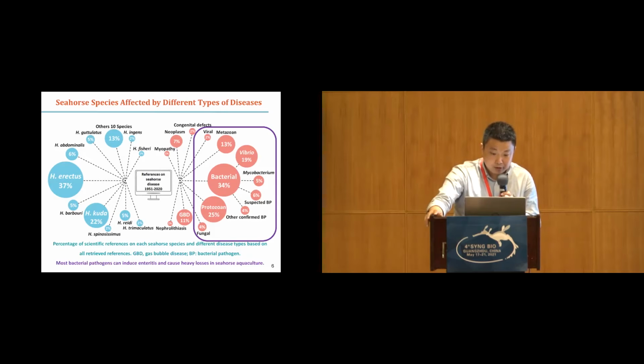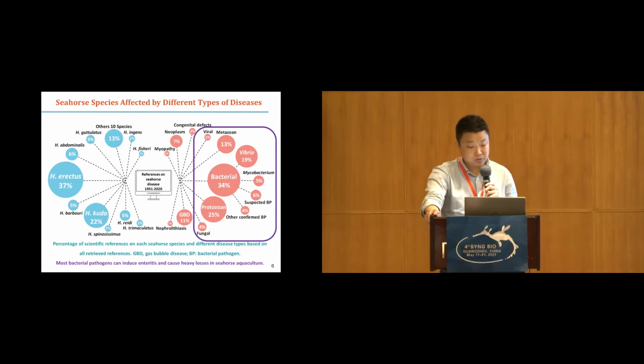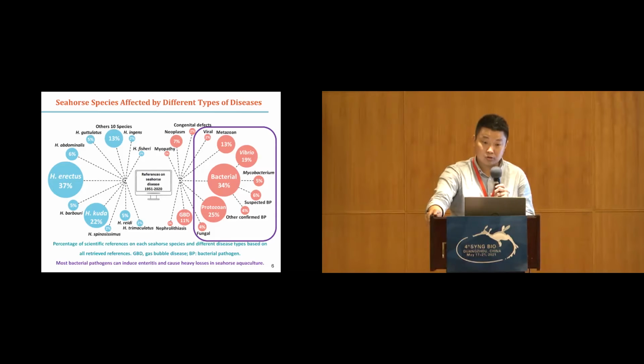And in the infectious diseases, bacterial disease accounts for 34%, and it's the most. And for now, about 30 bacterial pathogens have been identified, and most of these pathogens can induce enteritis and cause heavy losses in seahorse agriculture, as said before by Dr. Zhang.